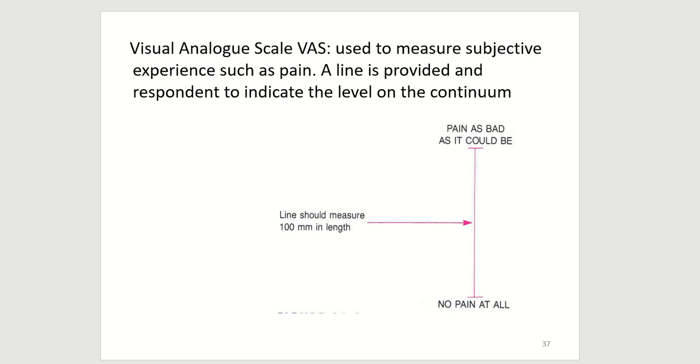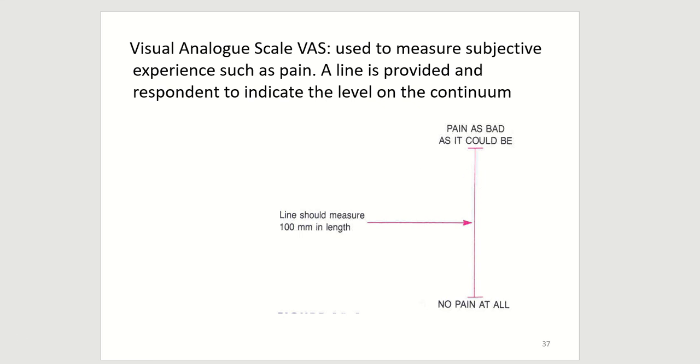Another one that is very widely used is the visual analog scale, and typically you may be given a line and you're told this one is for pain. The bottom is no pain at all. The top is the worst pain ever, and you're asked to specify where your pain is by pointing to a certain point on the line, and the distance from the bottom to the point is considered your pain.